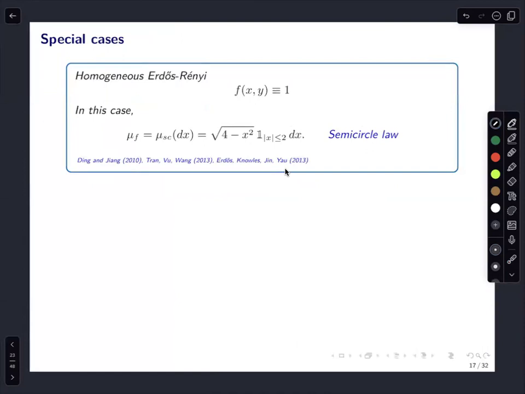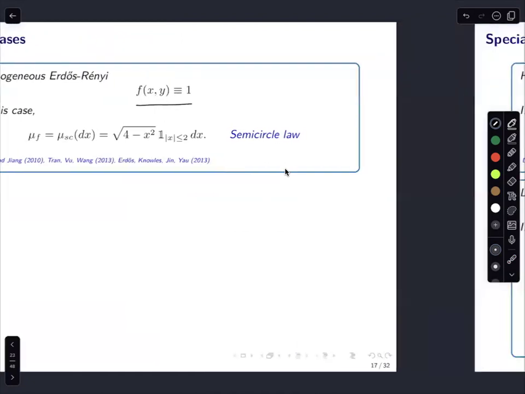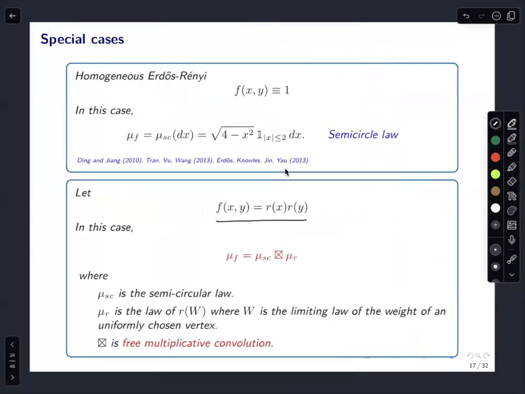Now, what are some simple examples of this mu f? One example, which is classically well known, you saw in the picture also: f equal to 1 means that it's a semicircular law. When f(x,y) is a product r(x) times r(y), then you can identify mu f very explicitly as a free multiplicative convolution of two measures. The first measure is the semicircular law. And what is mu r?